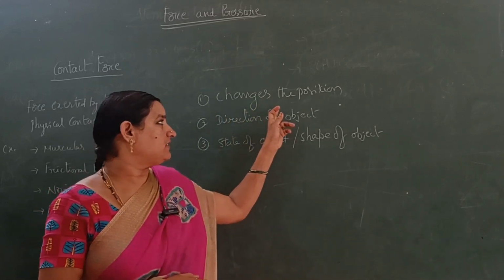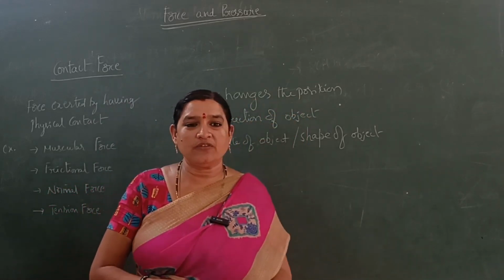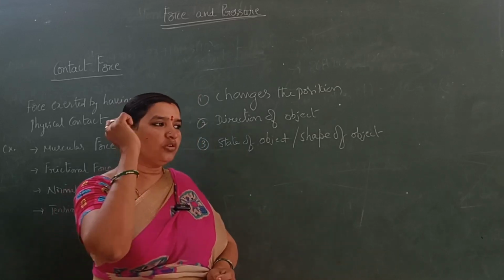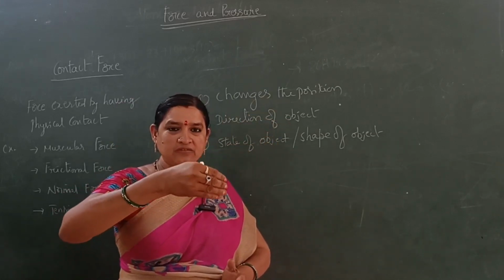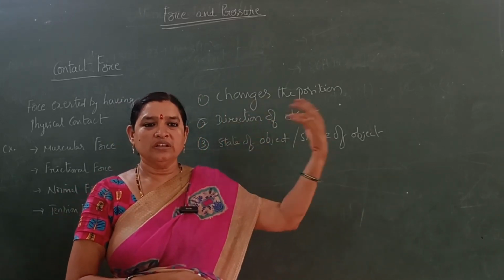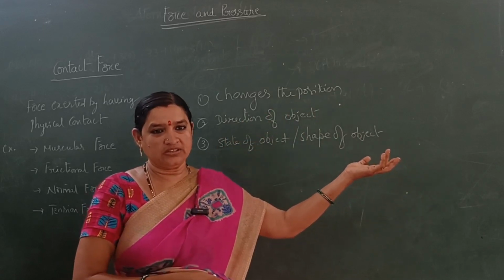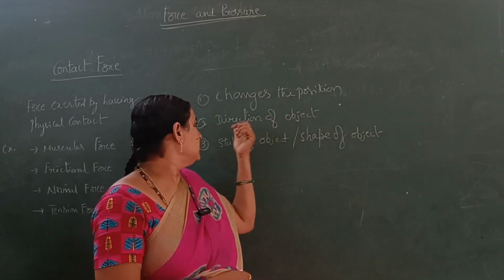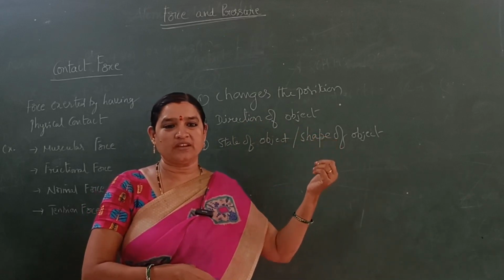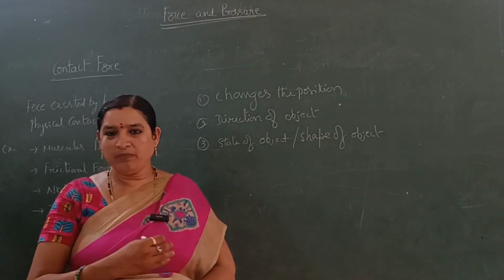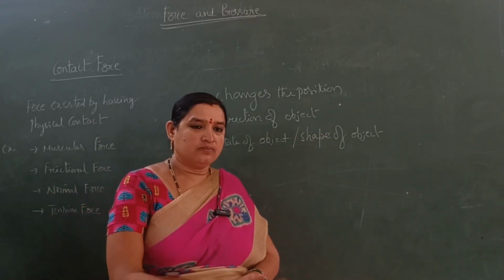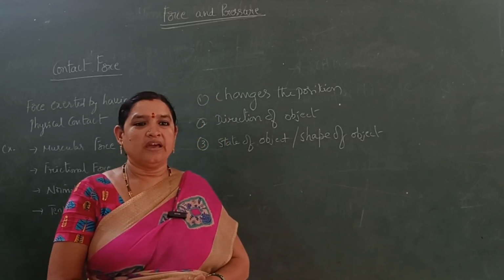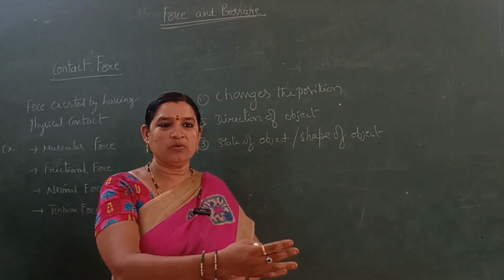For example, first, it changes the position of the object. If we throw a ball, first it is in one position, after throwing it is in another position. There is a change in its position. At the same time, the direction of the object. In football, a player applies force on the ball. Another player applies force on the ball.